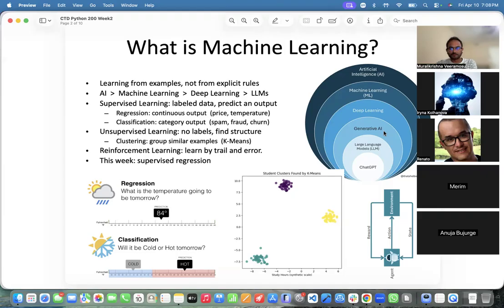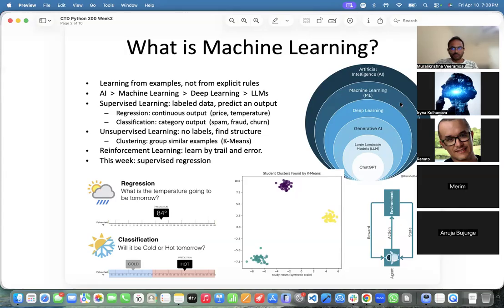And a large language model is basically a machine learning model, but trained on a huge amount of internet data. So that is a large language model, right? ChatGPT is an example of a large language model.